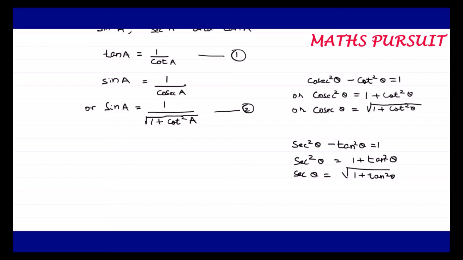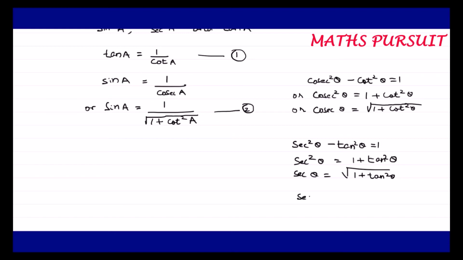Guys, now we don't require tan theta because our question wants us to represent all these things in the form of cot theta. So guys, we know that cot theta is nothing but 1 upon tan theta. You could see from equation 1 here that tan A is equal to 1 upon cot A. So that is what I'm going to use here.